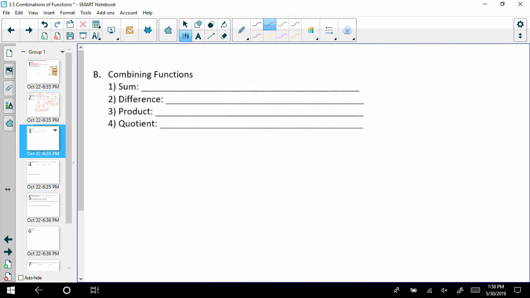So now what I was talking about earlier, sometimes it's easier just to combine functions together. If I want to find the sum of f and g, all I would do is take f of x plus g of x. I just add them together. If I wanted to find the difference of f and g, all I would do is subtract them.